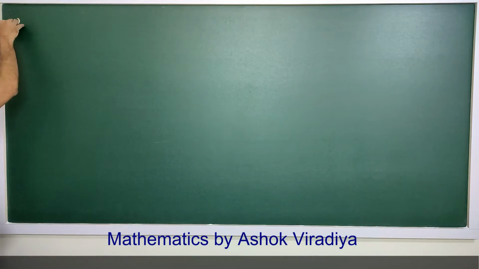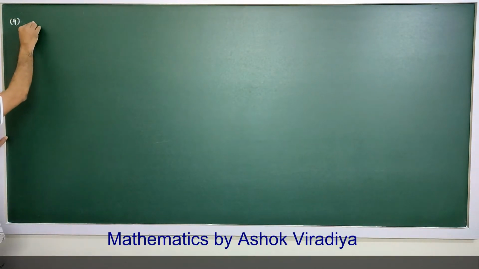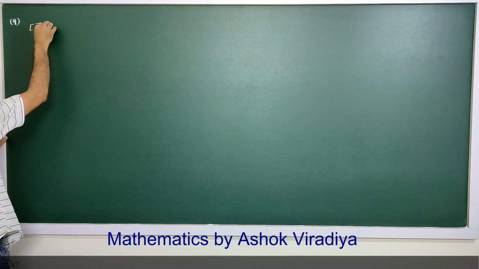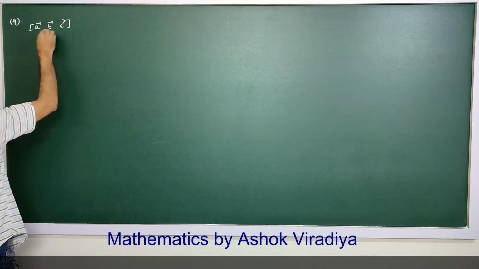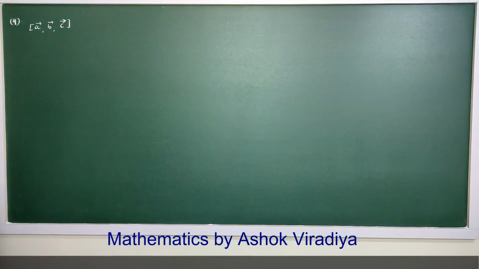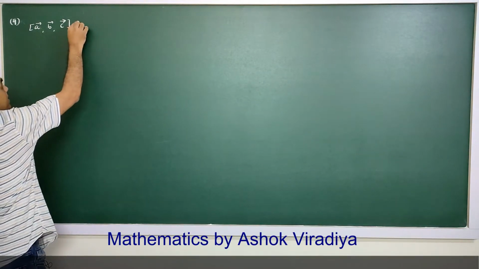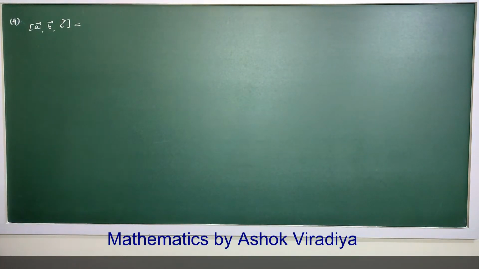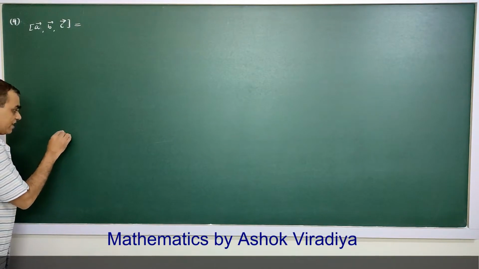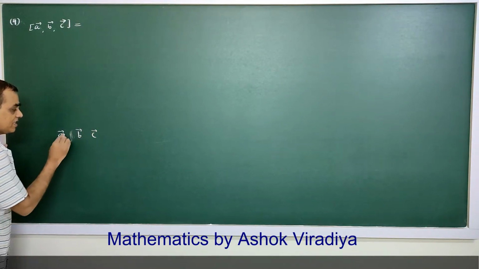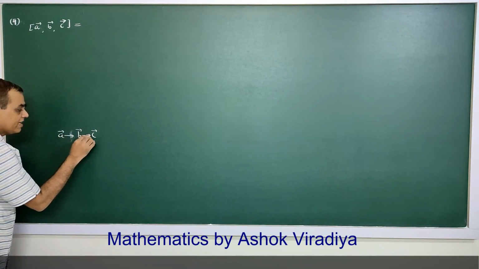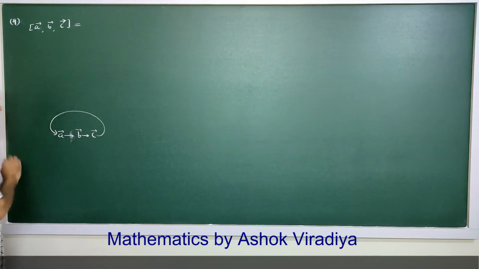Fourth property is the box product of vector A, vector B, vector C, or scalar triple product of these three vectors. Now see here, we can rotate these vectors. First vector is A, second is B, third is C. We are rotating this way.